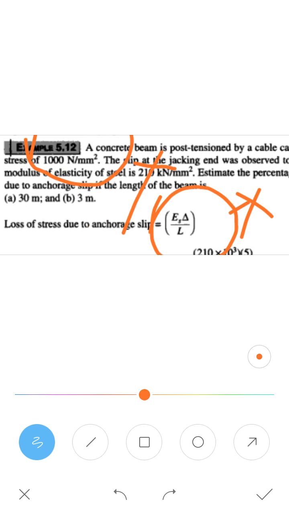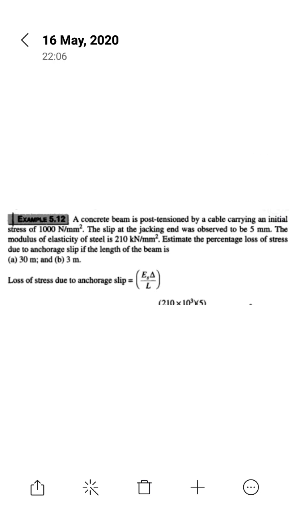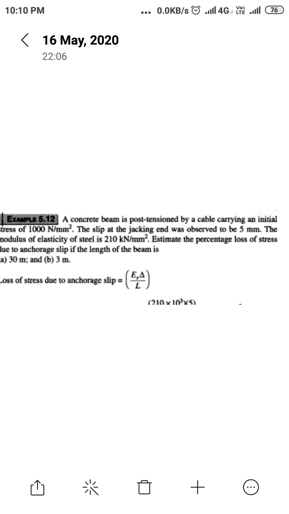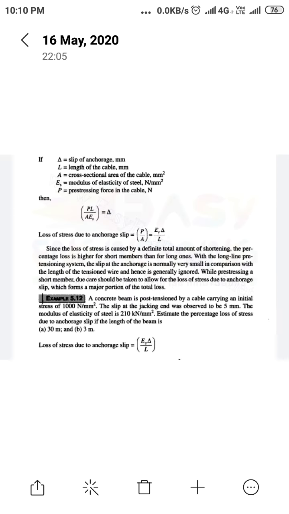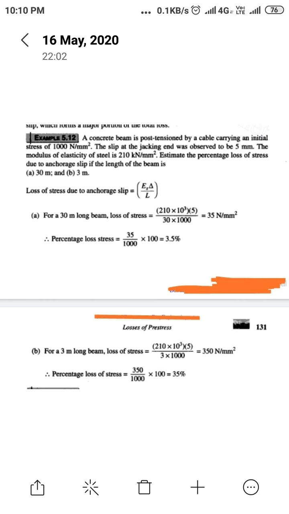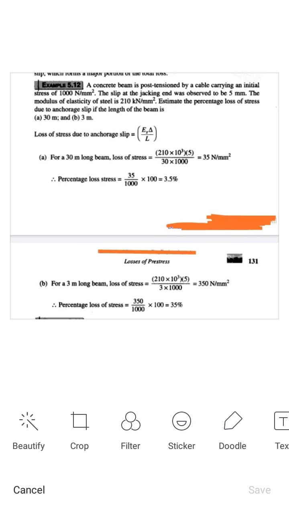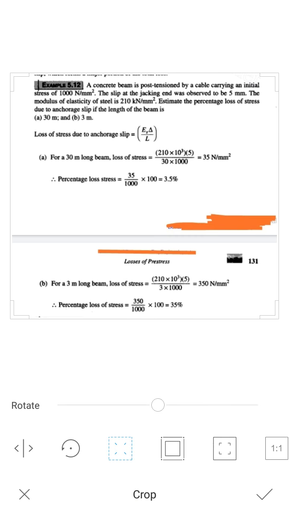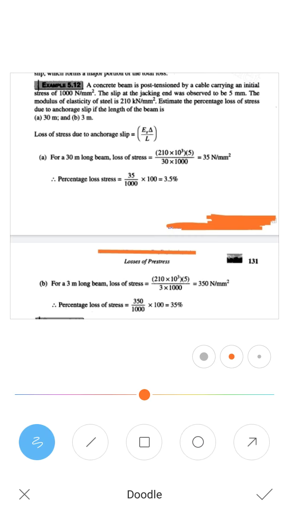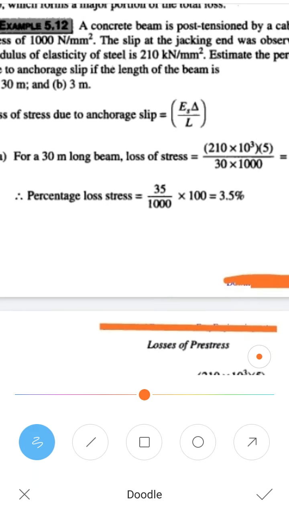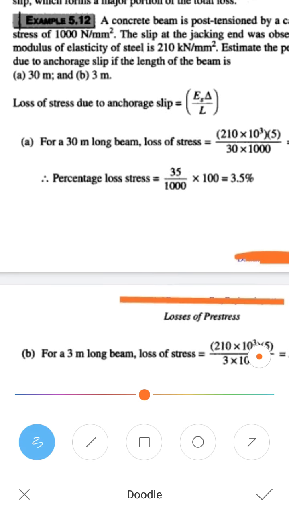Next, you take the problem and find out the anchorage slip. This is the formula which you have to use. First, take the 30 meter long beam.